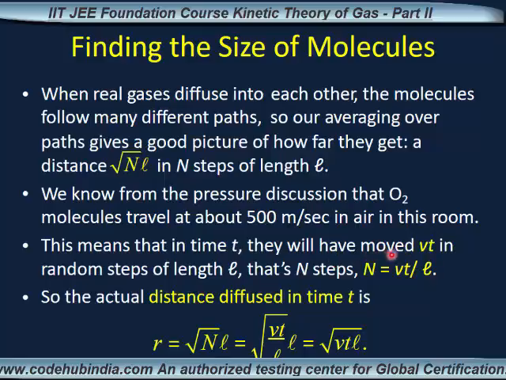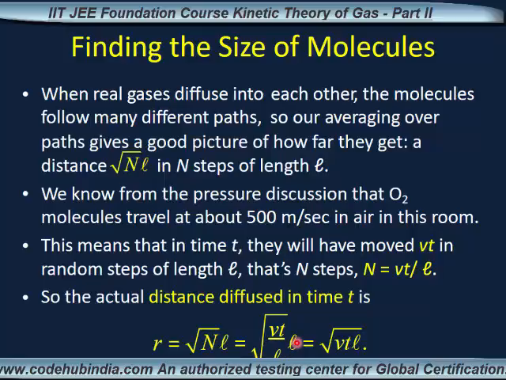They will move vt in random steps of length L. Then the number of steps N is equal to vt by L. Then the distance traveled in time t is r equal to root over N times L.